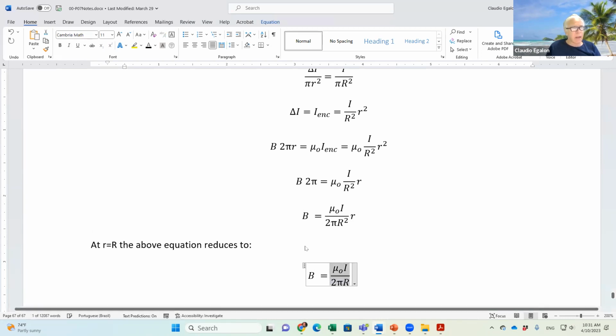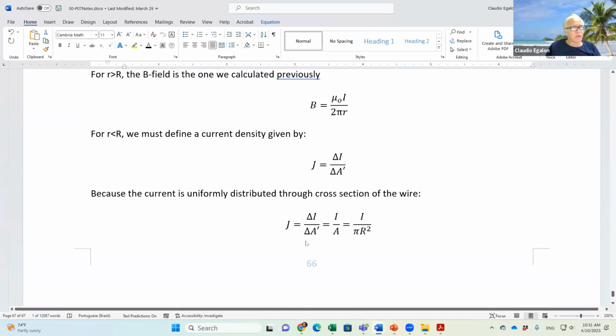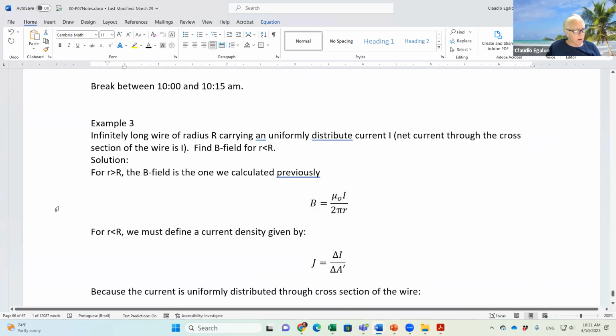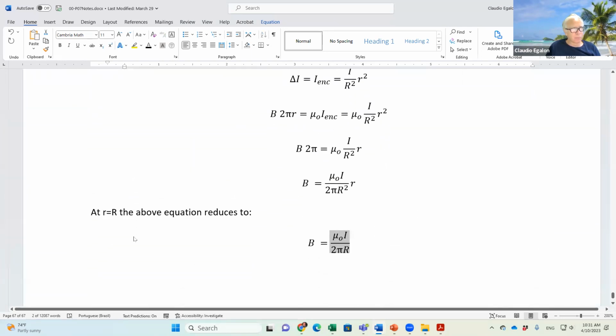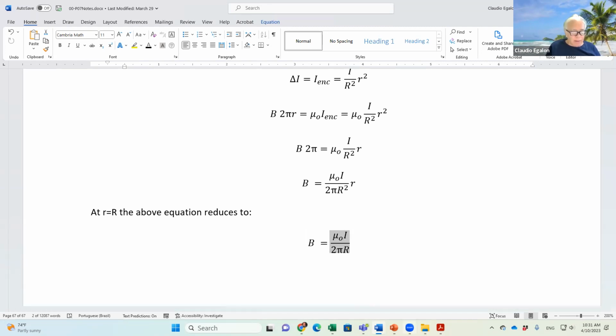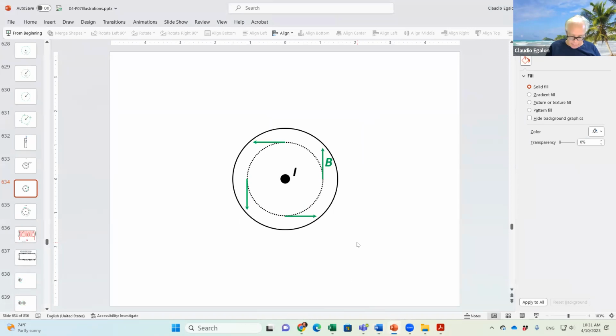Which, by the way, coincides with this result here that we got before, for small r equal to big R. Okay? So the B field is the same. Okay, it's got to be the same.